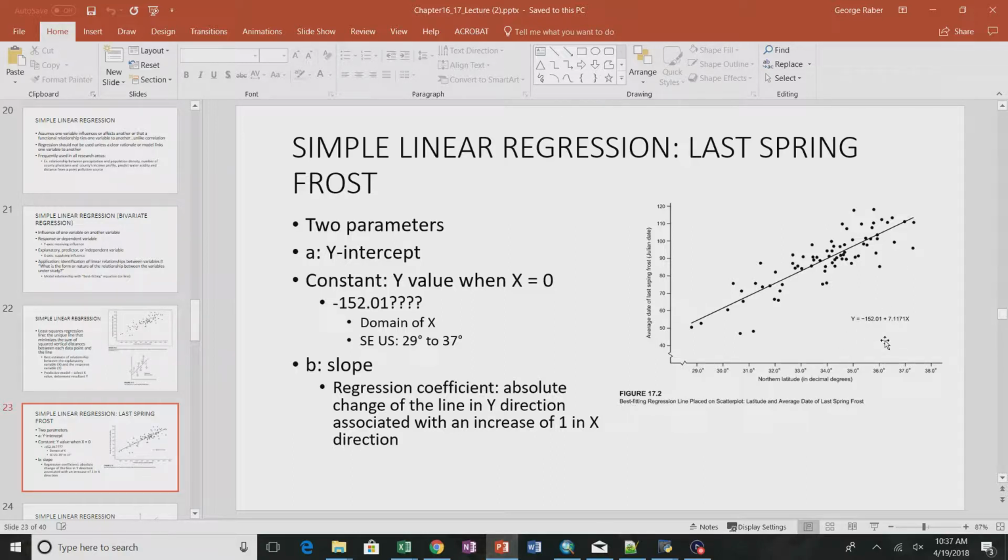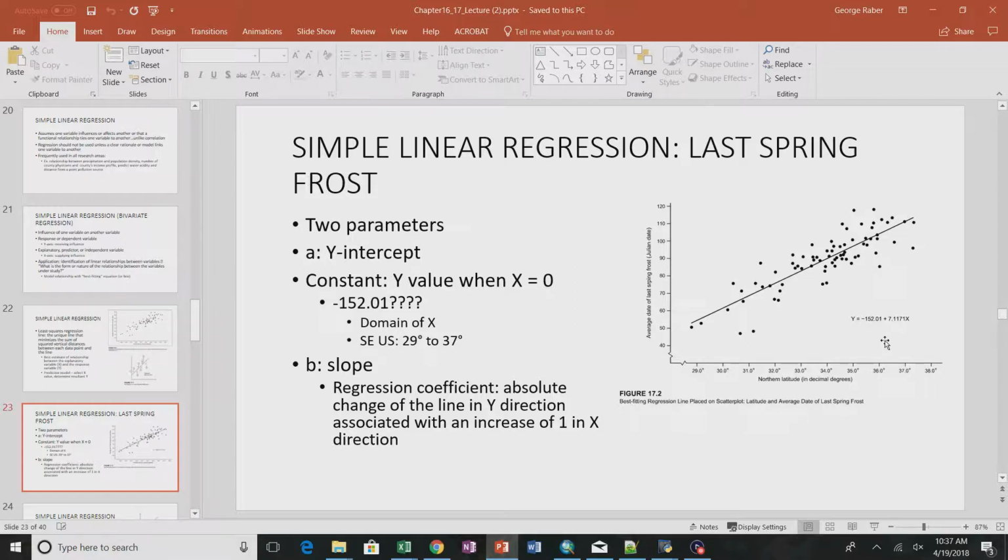So the slope is actually the number that's being multiplied by the x value, the response. So one way to read this, if we look only at the slope, is that a 1 degree change in latitude causes about a 7-day change in the date of the last frost.